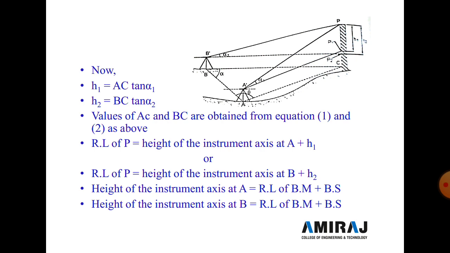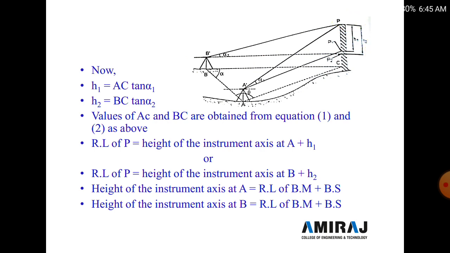Now the values of AC and BC are obtained from equations 1 and 2, and the RL of point P is the height of the instrument axis plus H1, clear? Or, from instrument station B, the height of the instrument axis plus H2 is the RL of point P.